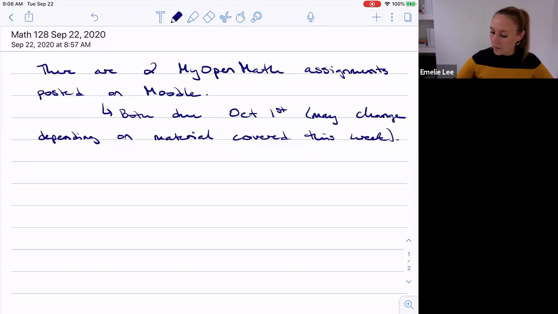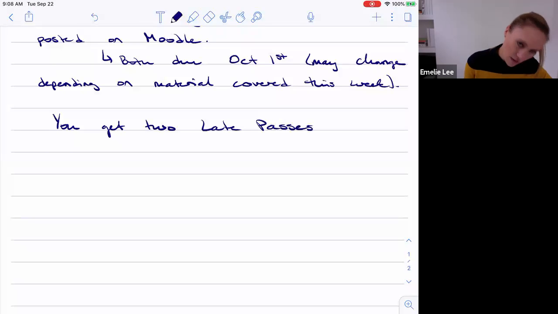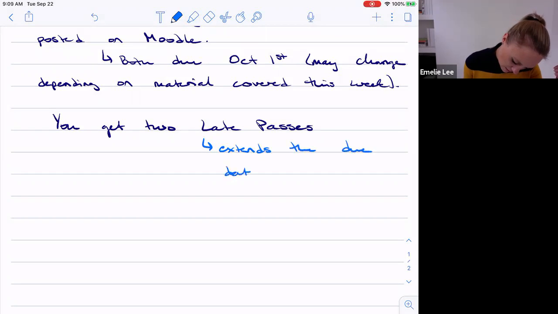One fun thing about MyOpenMath is you get 2 late passes, or I've given you 2 late passes. What a late pass does is it extends the due date by 24 hours.